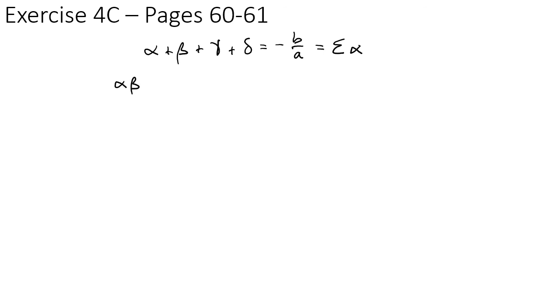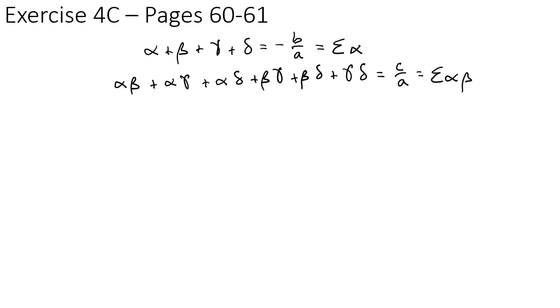Alpha beta plus alpha gamma plus alpha delta plus beta gamma plus beta delta plus gamma delta is C over A, which we can write as the sum of alpha beta.